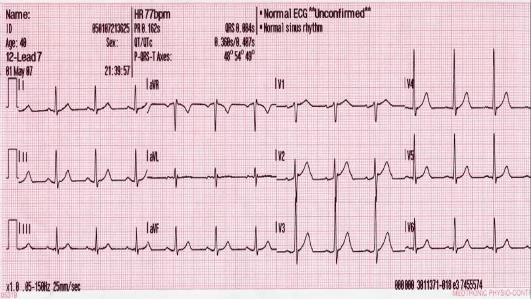I said 9 because I wish you had finished the whole approach. After ROSC, you do A, B, C, D, E: airway points, breathing points, circulation points, disability points, exposure points, and hand over this patient to the ICU team.